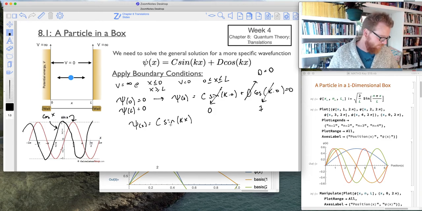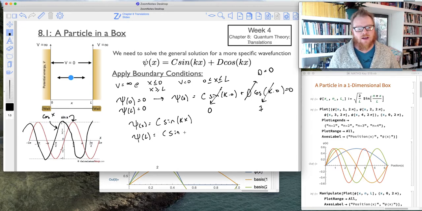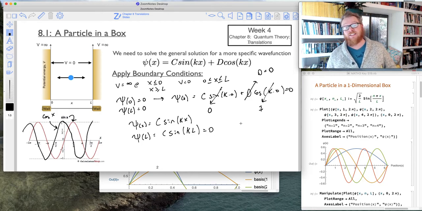And so now what we also have to say is psi when x is equal to L has to be 0. So that's going to be c times sine of, and I'm going to replace the x with L, kL. And we know that that also has to be equal to 0.